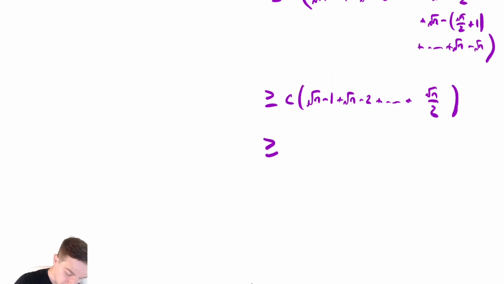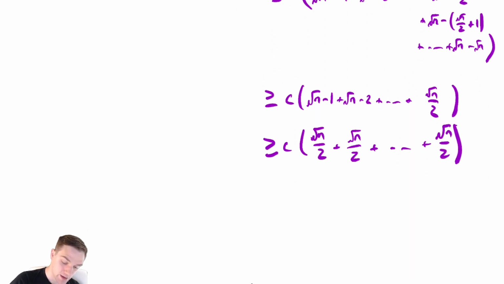Now we replace each term with the smallest term, in this case that's radical n over 2. Radical n over 2 plus all the way down until radical n over 2. And if we're being precise here, how many terms do we have? Well, we have radical n over 2 minus 1 terms because we're starting at subtracting 1 and not at radical n. I'm going to include that for now.